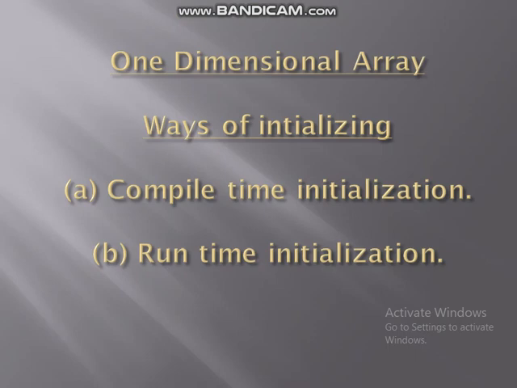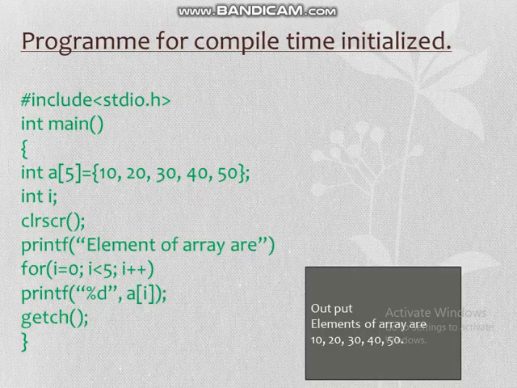Now we will write a program for a one dimensional array. This is a program for compile time initialization, or sequential access with a for loop. Include stdio.h and main.